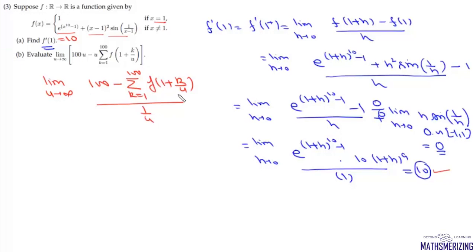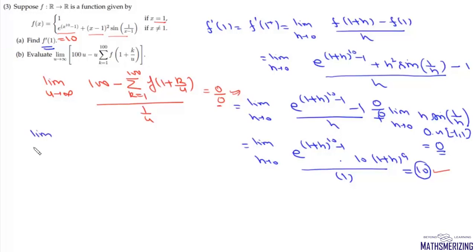Now we'll put u as infinity, it will be f(1) and f(1) is 1. So 1 plus 1 plus 1, 100 times, so it will be 100 minus 100, which is 0, and then 1 upon infinity is also 0. So it is 0 upon 0 form. And if it is 0 upon 0 form, again we can use L'Hopital's rule.